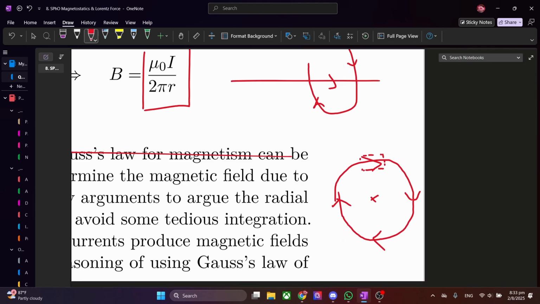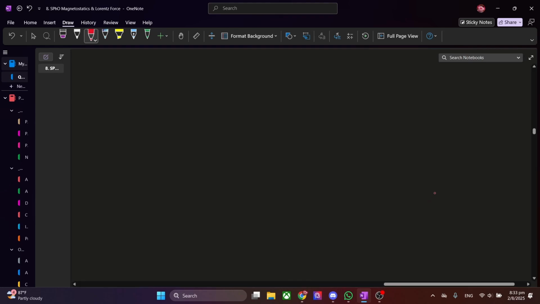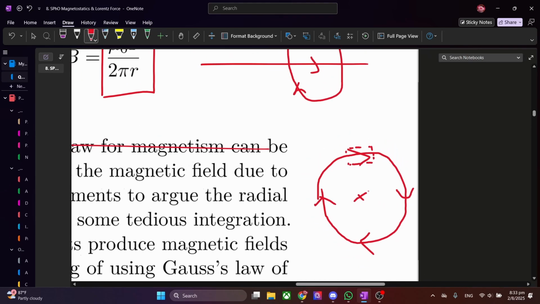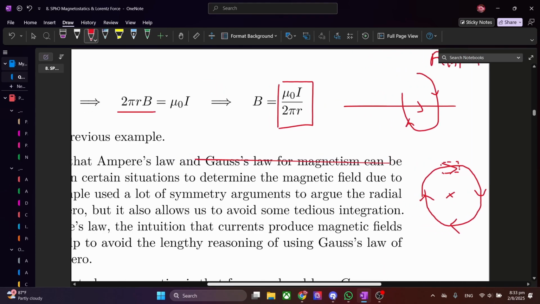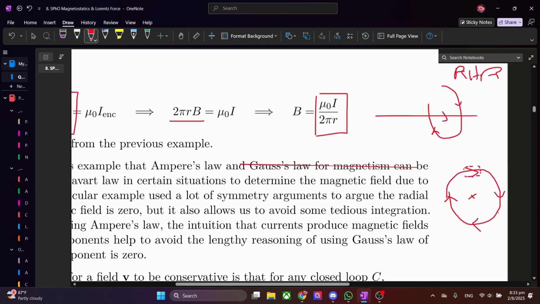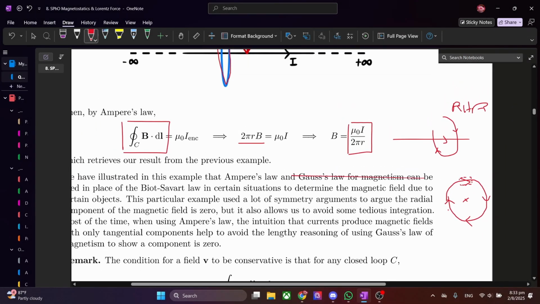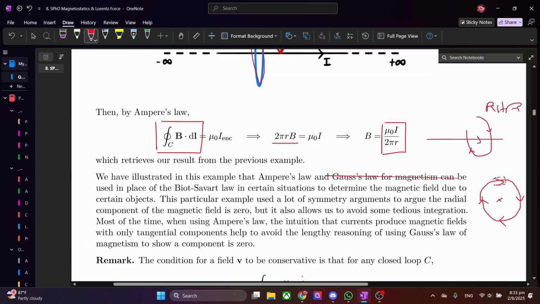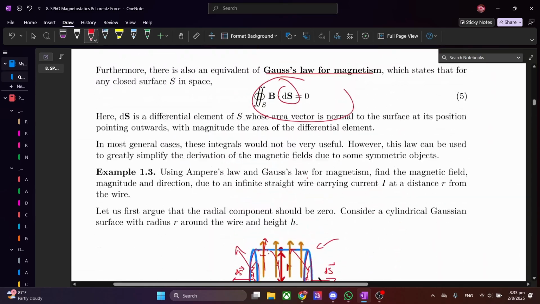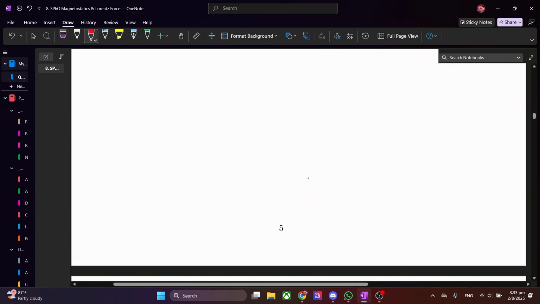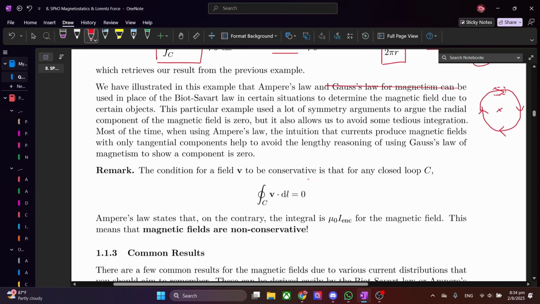Then that would just mean that the field here points into the page. Here you didn't need to use Gauss's law of magnetism or whatever, and you immediately get the direction, which helps a lot. Ampere's law usually will settle the rest, or you can use Biot-Savart's law. Those were the main laws that you usually would use to calculate magnetic fields.